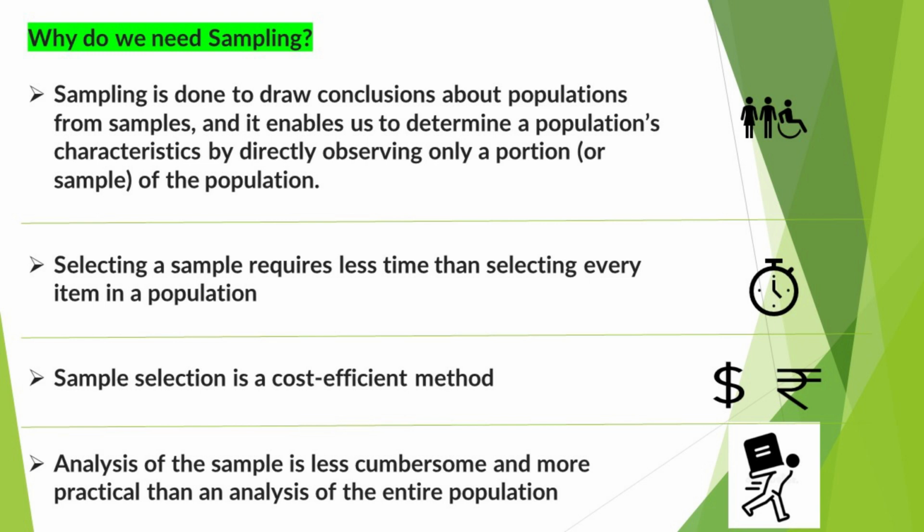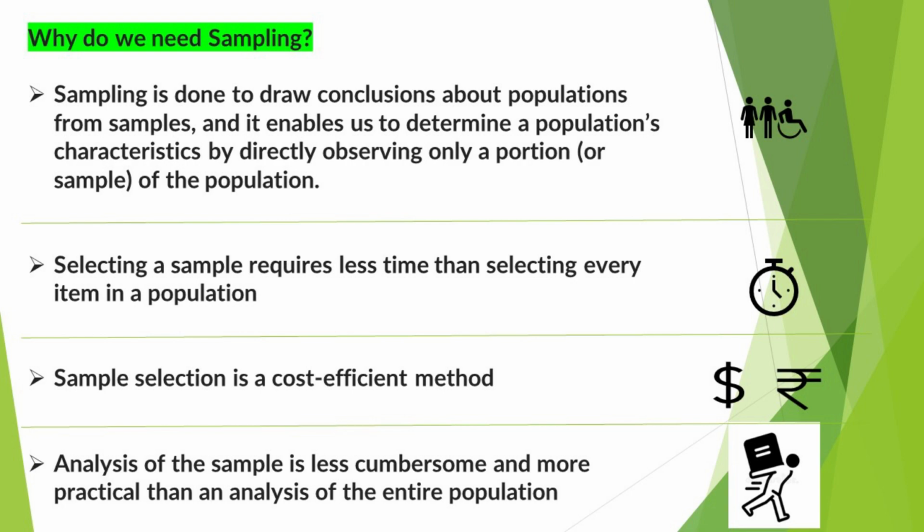Now coming to the last reason, that is, analysis of a sample is less cumbersome and more practical than analysis of the entire population. So let's say we have to calculate the happiness rate of a particular country.